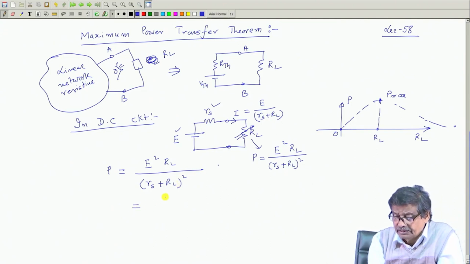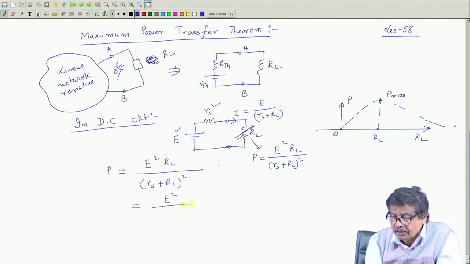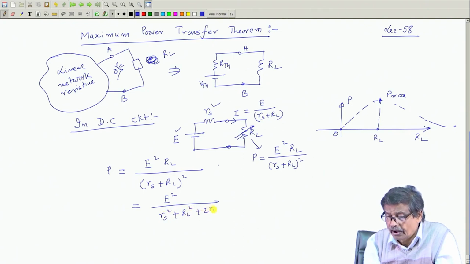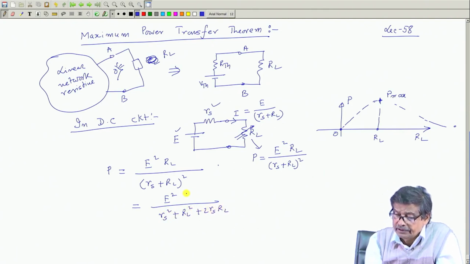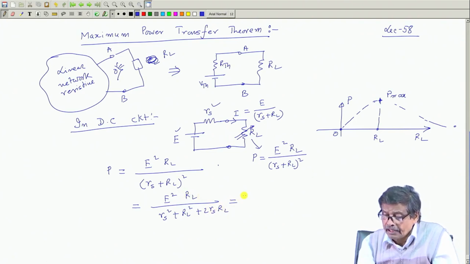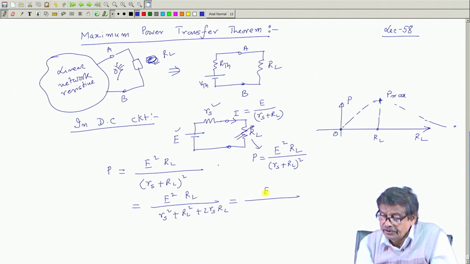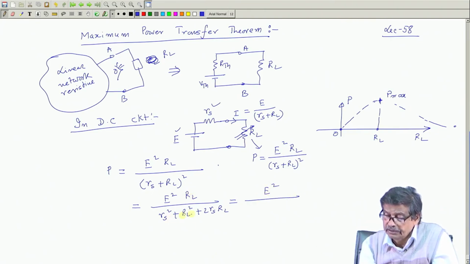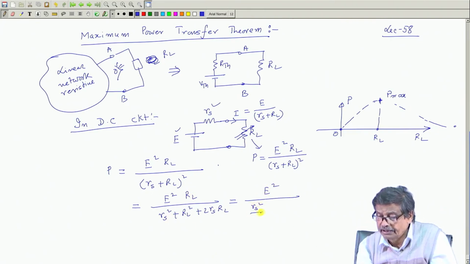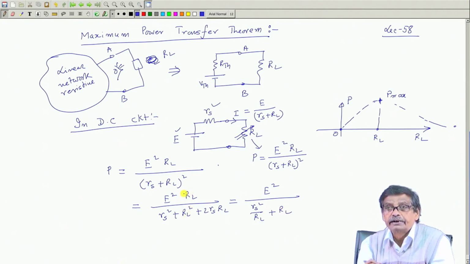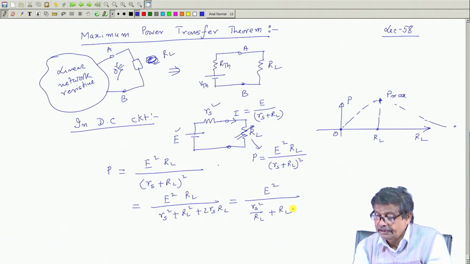But only thing is, that calculation can be simplified if you just do like this. You break up the denominator: RL square plus 2 RS into RL plus RS square, and there was an RL in the numerator, and this RL you bring out below. So, it will be RS square by RL plus RL, dividing both numerator and denominator by RL, and then plus 2 RS.